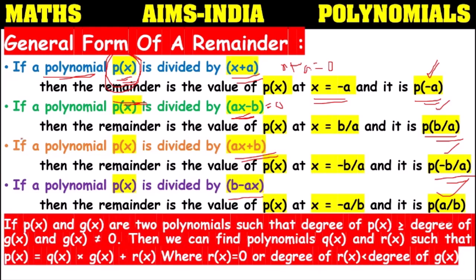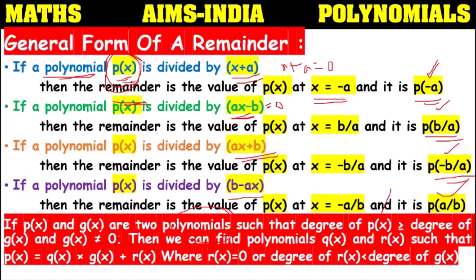And one more thing, if p of x, g of x, two polynomials are given, then one condition we definitely have to follow: the degree of p of x should be greater than or equal to the degree of g of x. Means the degree of the dividend should always be greater than or equal to the degree of the divisor.